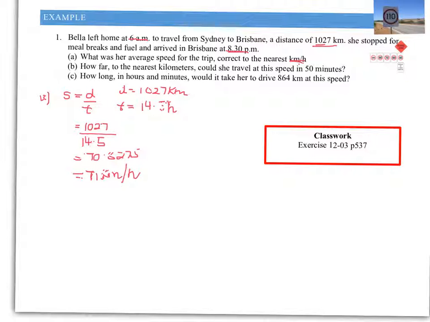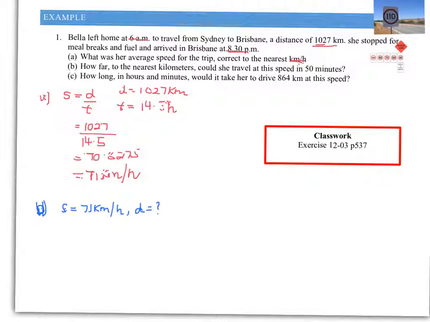So let's try and do the next part, B. I can't even write, nor can I talk today. How far to the nearest kilometre could she travel at this speed in 50 minutes? So we already know the speed because we just worked that out. That's 71 kilometres per hour. The distance is what we're trying to find.